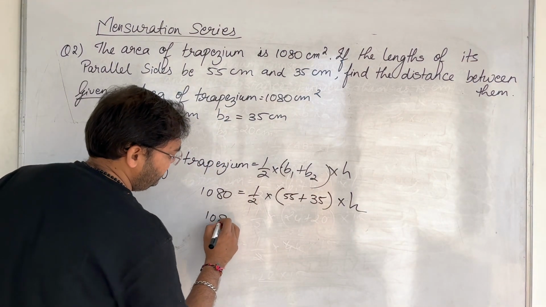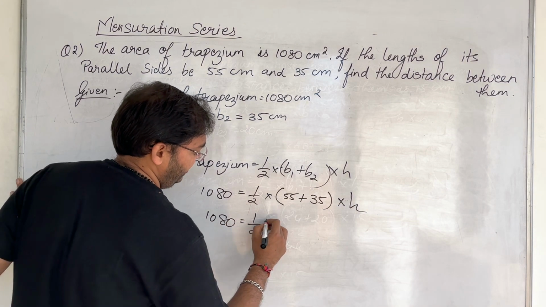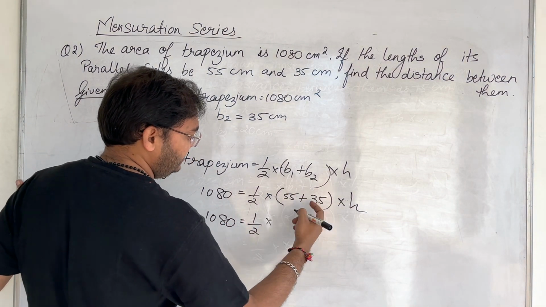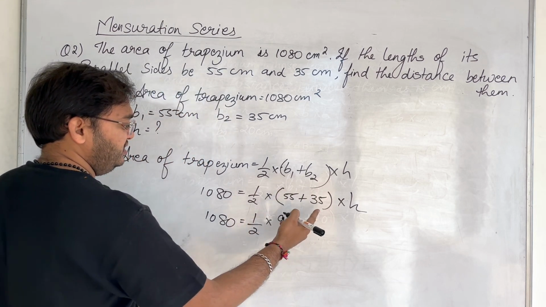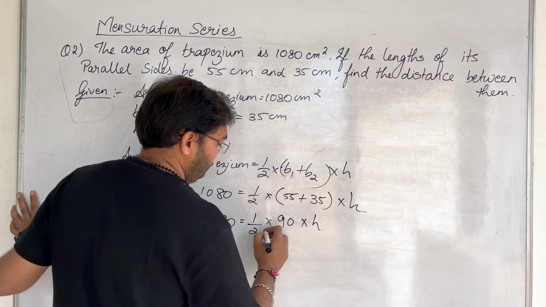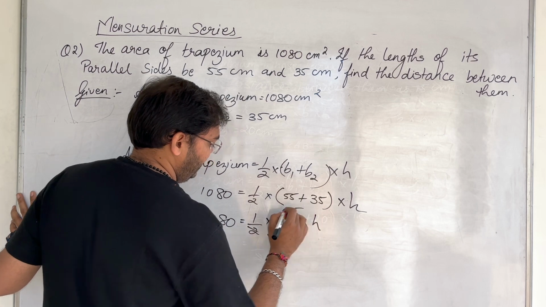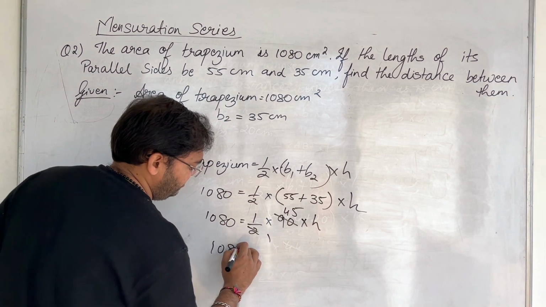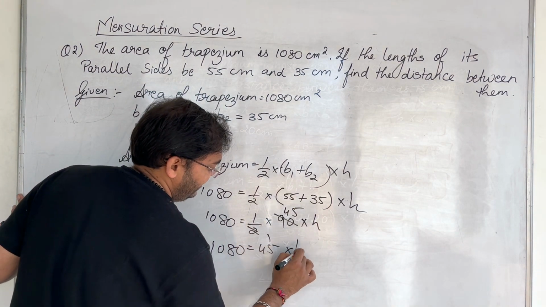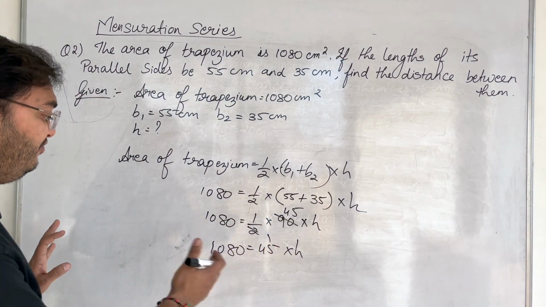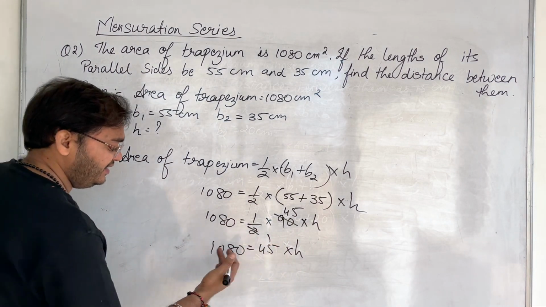Now here 1080 equals to half into, if I add up the 55 and 35 over here, that is 90, into height, so half of 90 is 45. That means 1080 equals to 45 into height. And if I want to find the height, then I'll be shifting this 45 from the right hand side to the left hand side.